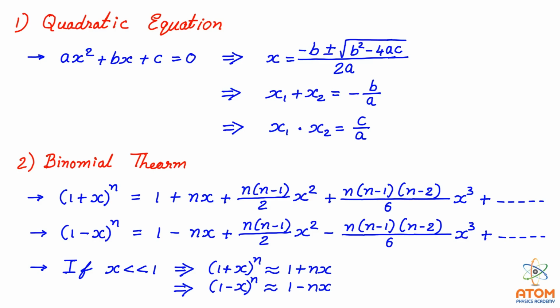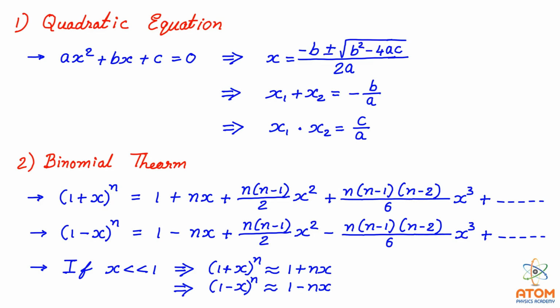In both of these equations, if x is very less than 1, then we can just consider the first two terms of the equation and ignore the rest of the terms, because the value of the rest of the terms will be very small.